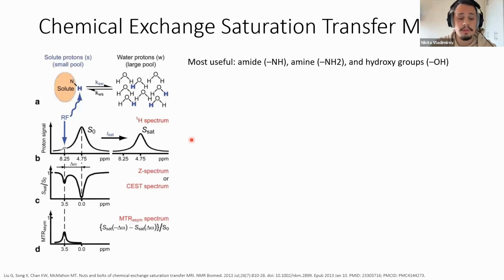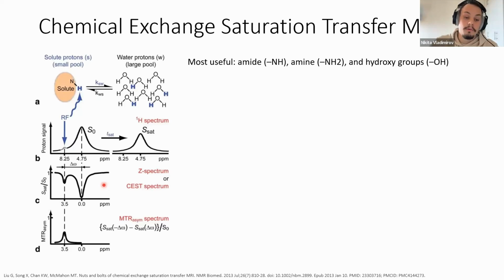After that, people usually normalize this spectrum by the signal of the water. The spectrum shows us a loss in the water signal value. At 3.5 ppm, we can see the resonance of the solute of interest, and at 0 it's the water signal. We saturated water, it's like direct saturation, so we don't see any signal.